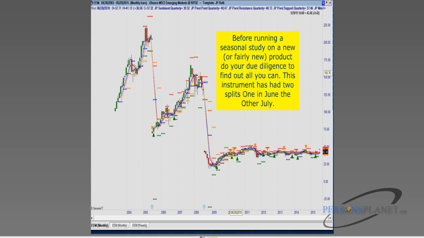More importantly, when it comes to an equity product or an equity index product, or an ETF, you probably want to find out: has that ETF had a split? Has it been repriced? And when do they normally do it? That becomes more devil in the details when it comes to seasonal analysis, doesn't it?